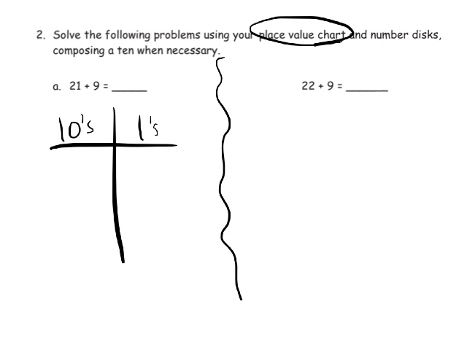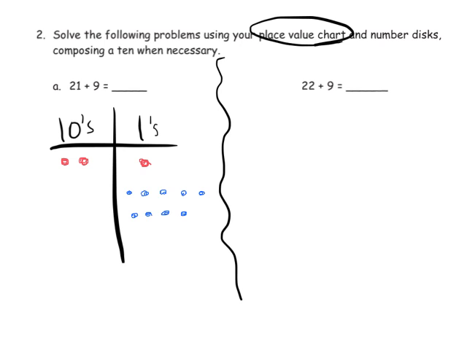And now let's model that 21 right here. That's going to look like 2 in the tens column and 1 in the ones column. Then we're going to model the 9. 1, 2, 3, 4, 5, 6, 7, 8, 9. And there's our initial modeling of this problem.